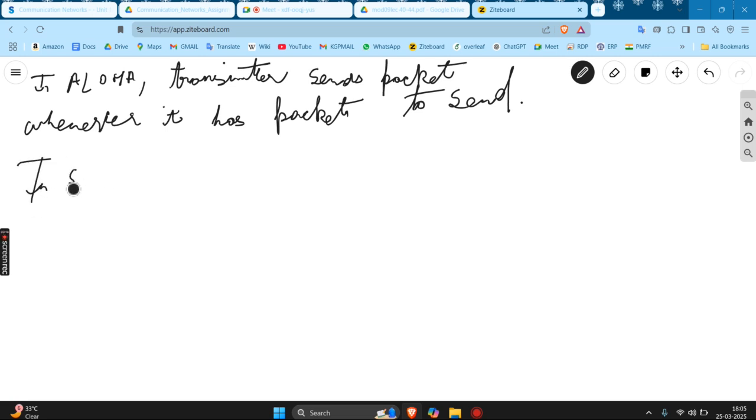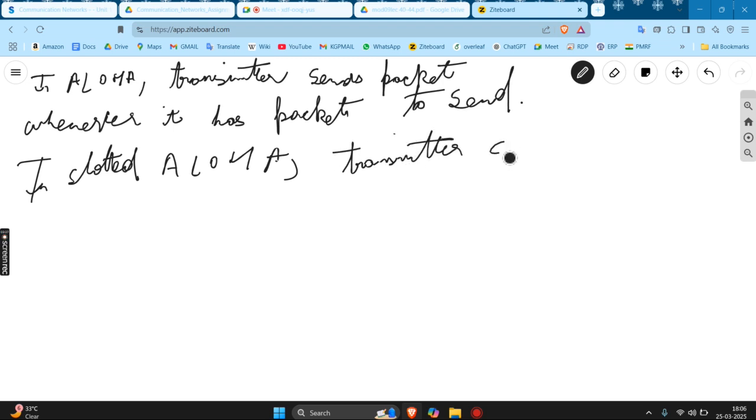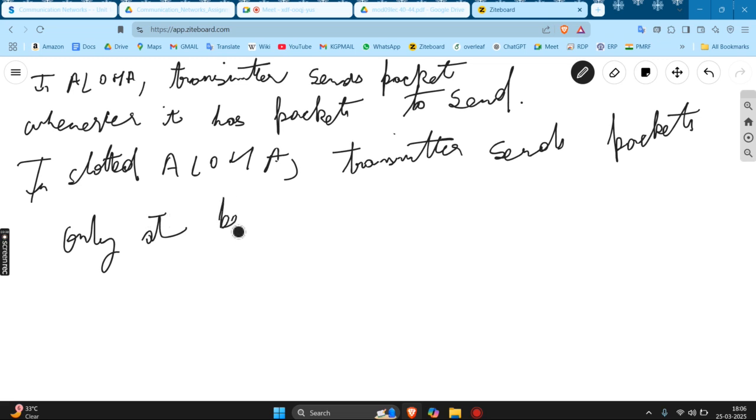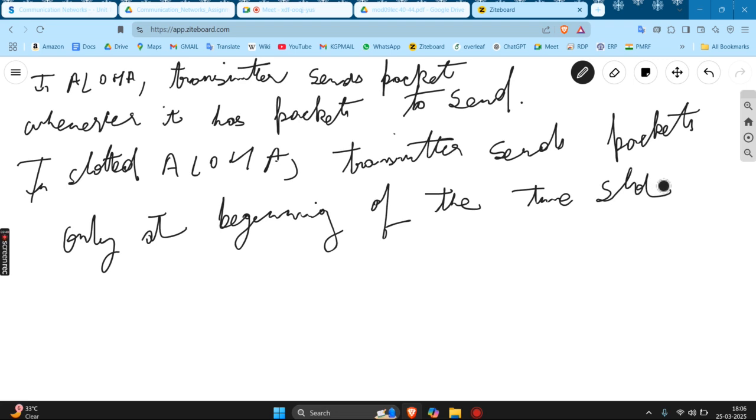In slotted ALOHA, the transmitter sends packets only at the beginning of the time slot. So in slotted ALOHA, the packet is only transmitted at the beginning of the time slot.